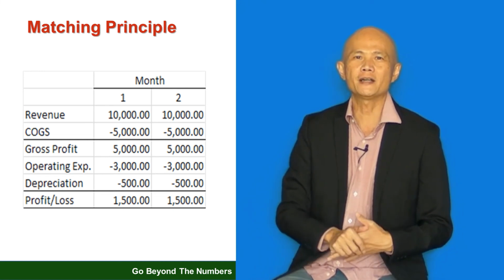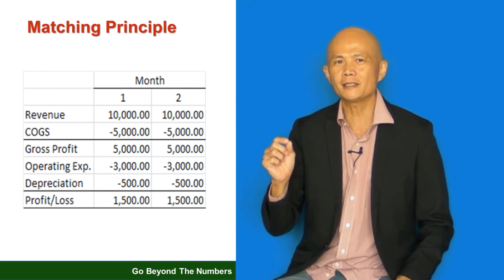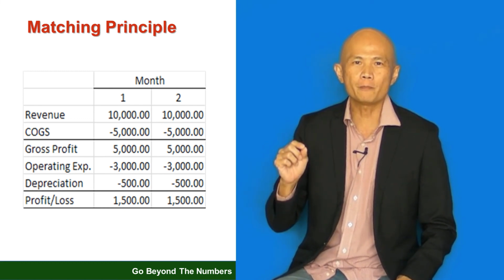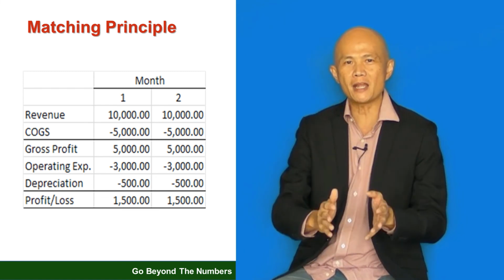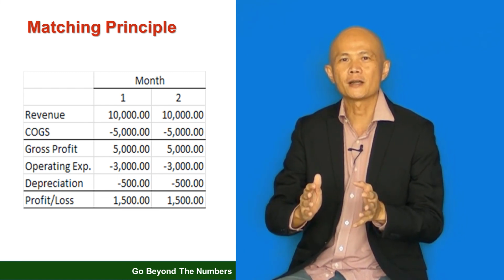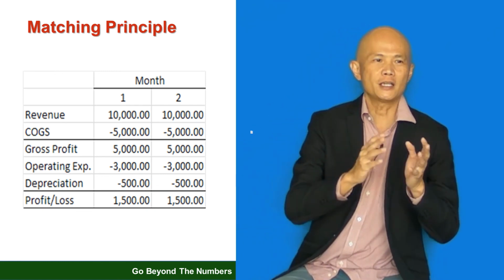And what we have here is we make $1,500 rather than losing a lot in month 1. We are now making $1,500 just because we match the cost with the revenue for each individual month.